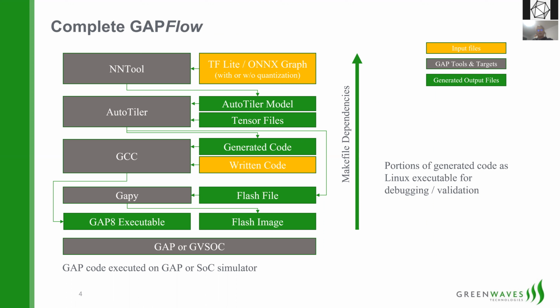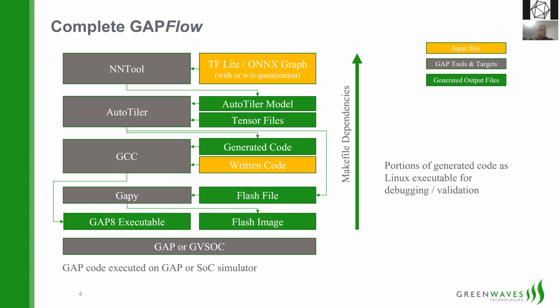We then have a tool called NN tool, which can suck in a TF Lite and now an ONNX graph and produces that model. Essentially, it's a lowering tool that's lowering the representation in TensorFlow Lite or ONNX onto the kernels that we've implemented inside. I wanted to give some background so you understand some of the comments that I'm going to make afterwards.